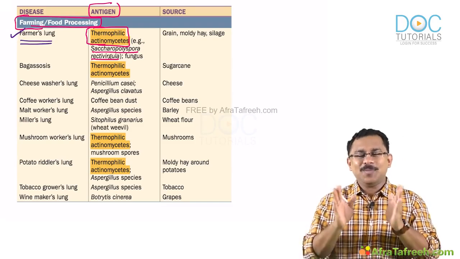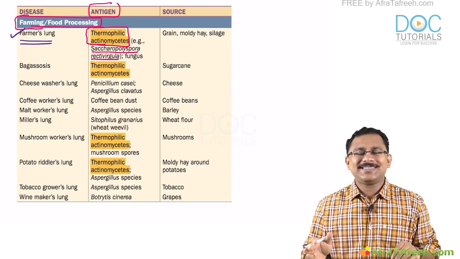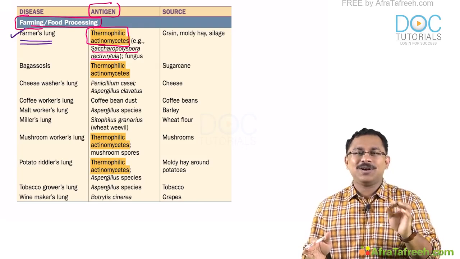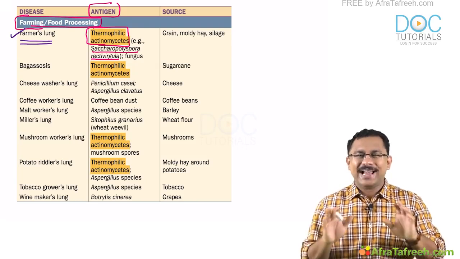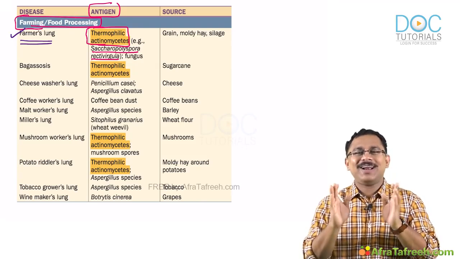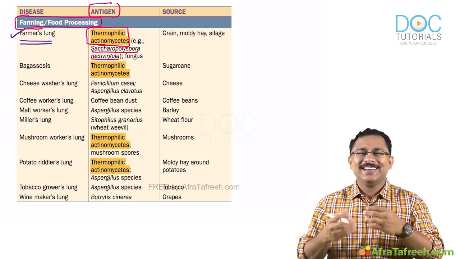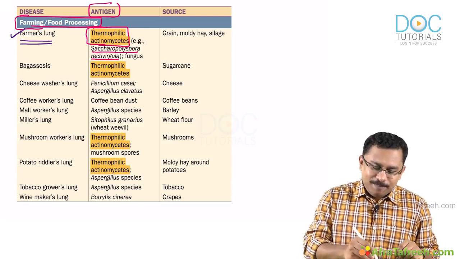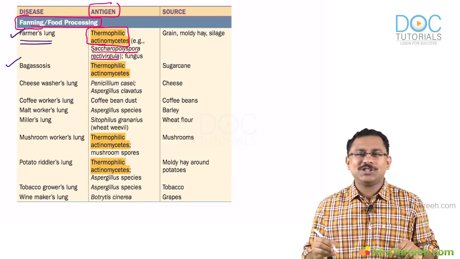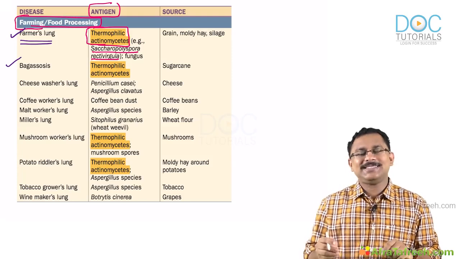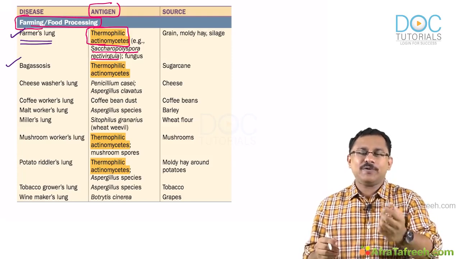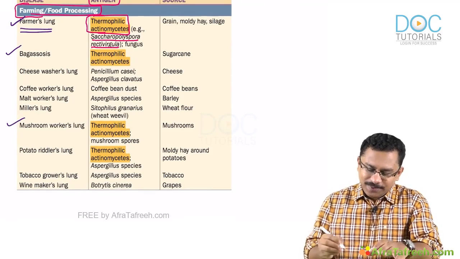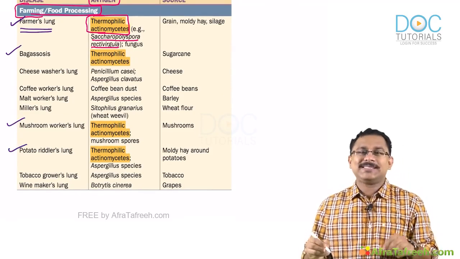If I am asked to put one question on hypersensitivity pneumonitis from this table, I would ask about farmer's lung, because I would always prefer asking common and simpler ones rather than troubling students. Then bagasosis, yes, that is also a hypersensitivity pneumonitis because of exposure to thermophilic actinomyces. Then you have mushroom worker's lung and also potato riddler's lung.